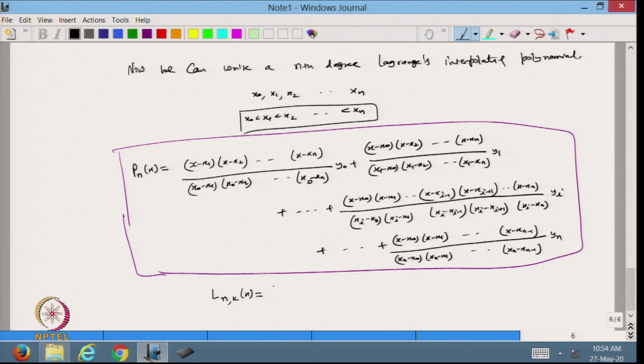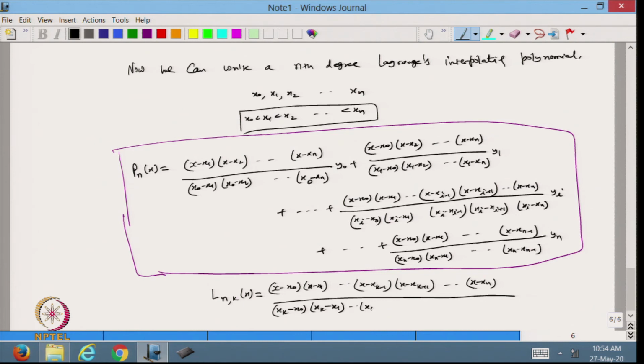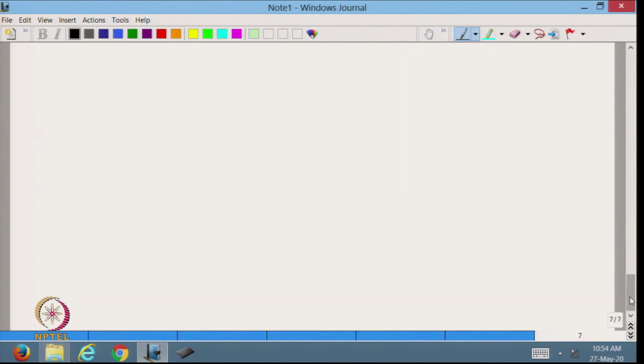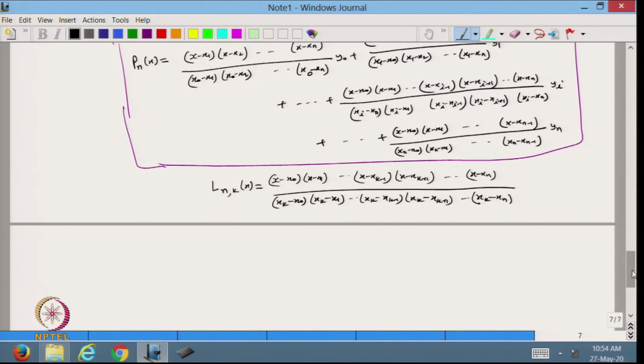So this is equal to (x − x0)...(x − x_{k−1})(x − x_{k+1})...(x − xn), divided by (xk − x0)(xk − x1)...(xk − x_{k−1})(xk − x_{k+1})...(xk − xn). So that will be the any kth fundamental Lagrange polynomial we can write directly.